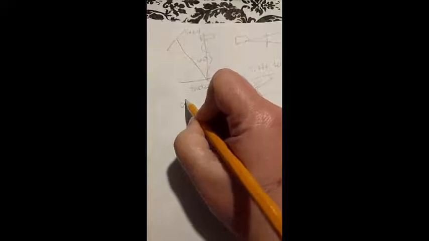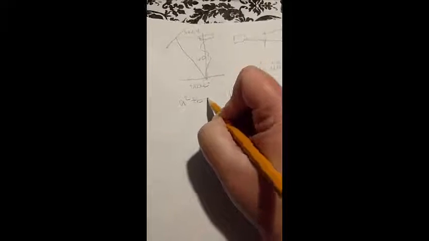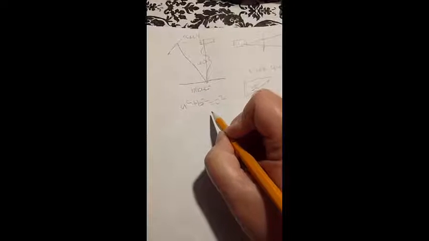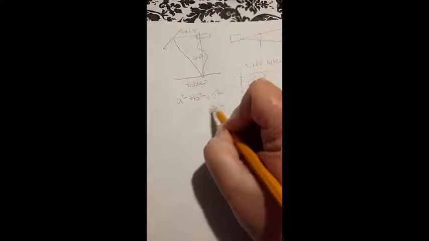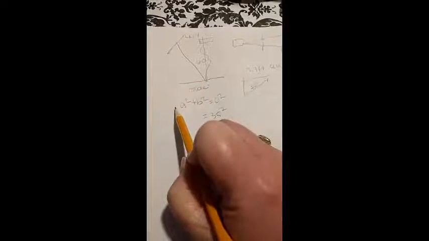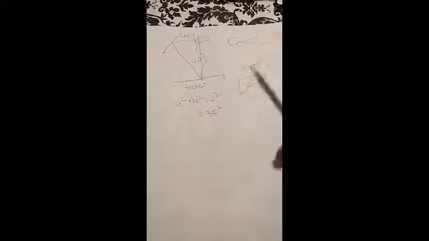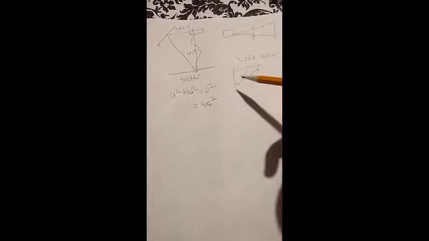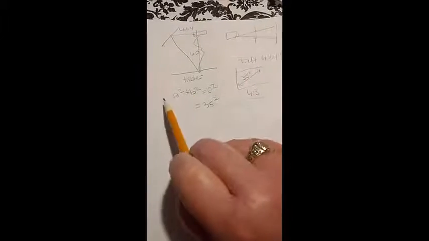So we know that a squared plus b squared equals c squared, and c squared is 35 squared. Most of these projectors are like a 4:3 ratio, so I went with that, assuming that's what it is. If that's wrong, we'll just do something else.